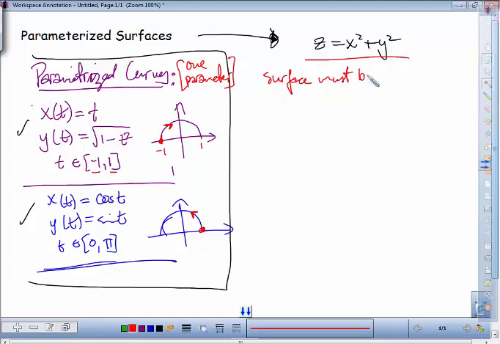It makes sense now to go from a one-dimensional wire, a one-dimensional object like a curve, whether you're looking at it in 2 dimensions or 3 dimensions, parameterized by one variable or one parameter. Now, a surface must be parameterized by 2 variables or 2 parameters.